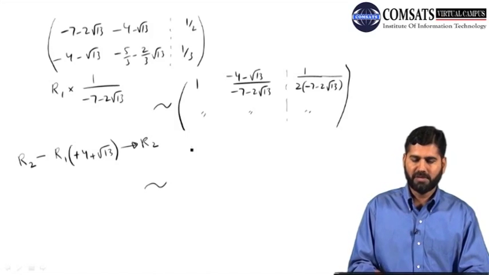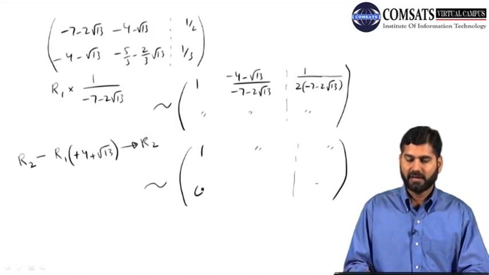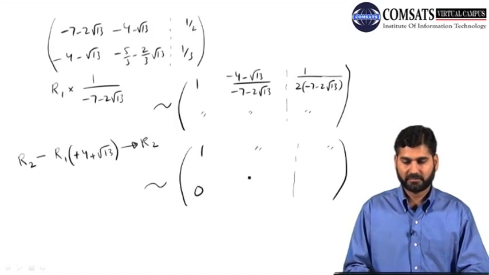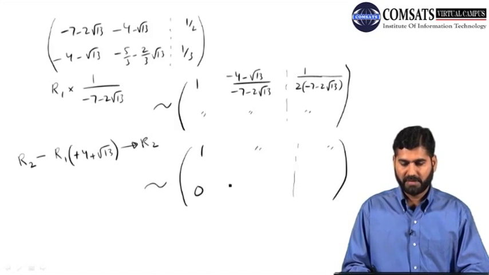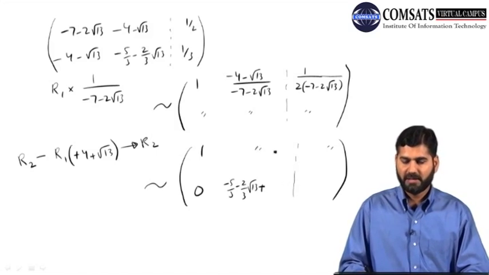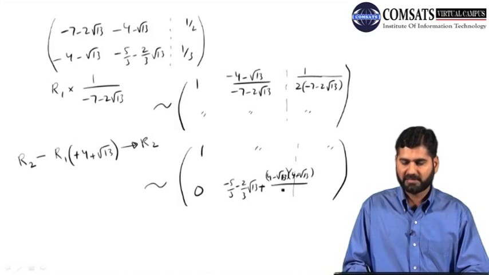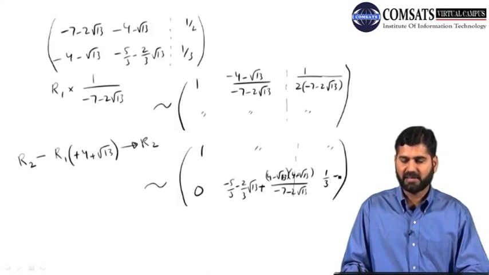So your new R2 will have 0 here, and here it will be minus 5 by 3 minus 2 by 3 square root of 13 minus the term you multiplied by 4 plus square root of 13, divided by minus 7 minus 2 square root of 13. Similarly here you will get 1 by 3 minus the same thing.